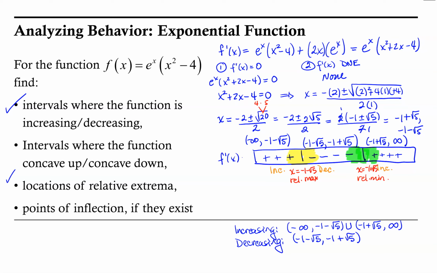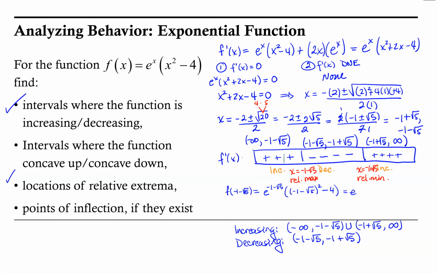So let's go ahead and find the corresponding function values so that we can identify our relative extrema. So starting with f at -1 minus square root of 5, and evaluating our original function, we get e to the -1 minus square root of 5 times the quantity -1 minus square root of 5 squared minus 4.